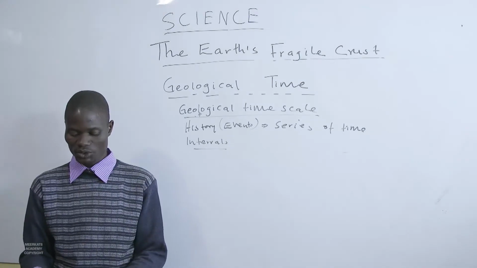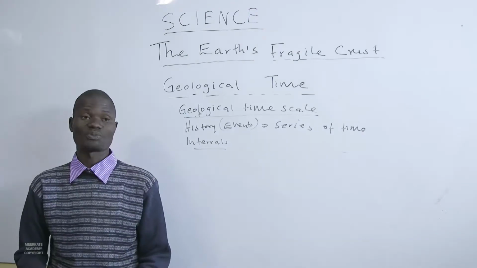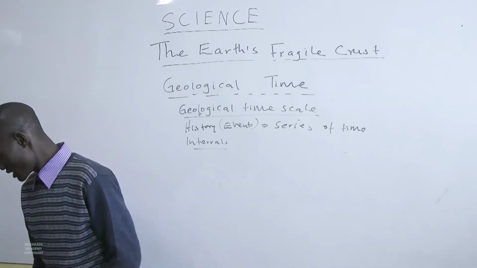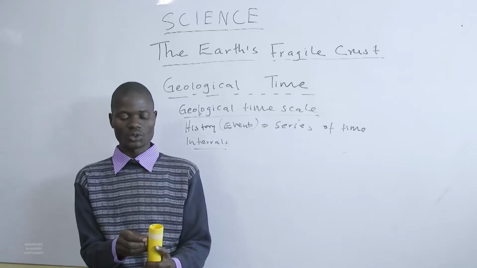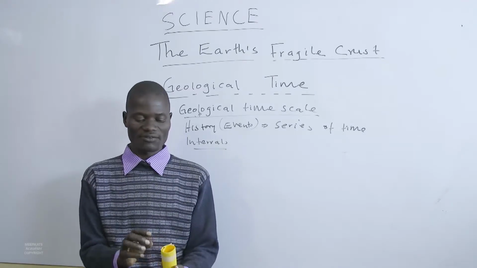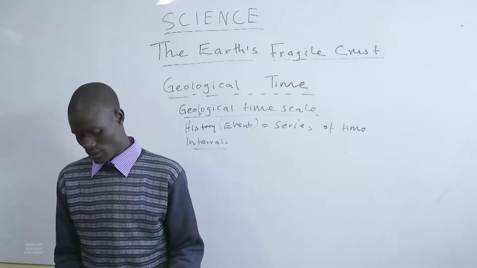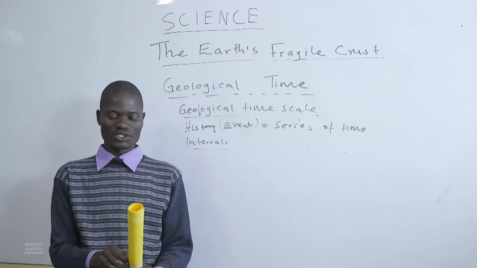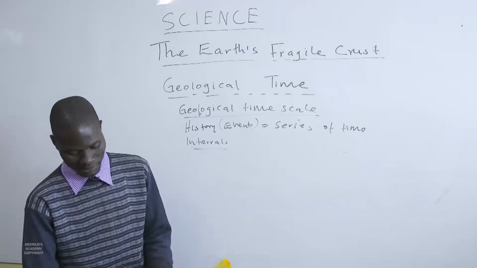Let us study our geological time that has been provided in a scientific chart, so that we can study it very carefully and come up with a conclusive understanding of the geological period, or geological time.